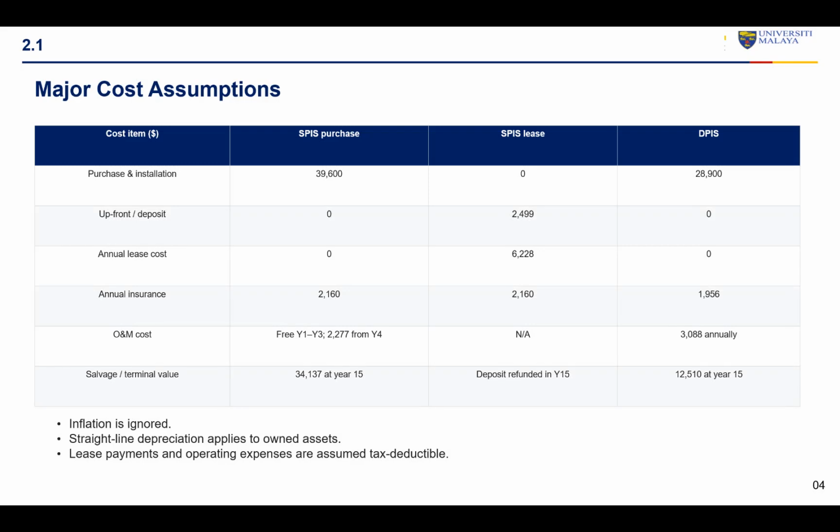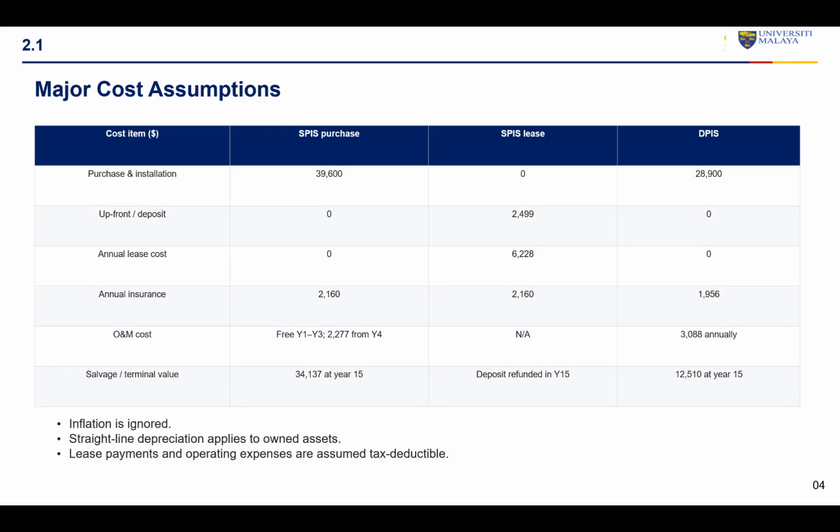The SPIS purchase option requires a purchase and installation cost of $39,600 and has a salvage value of $34,137 in year 15.